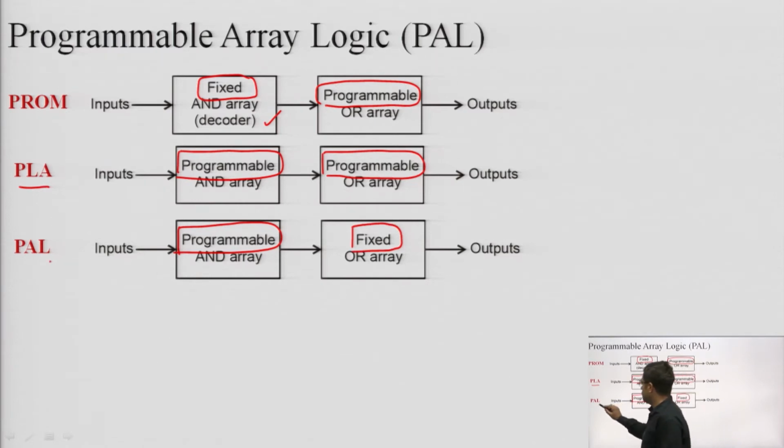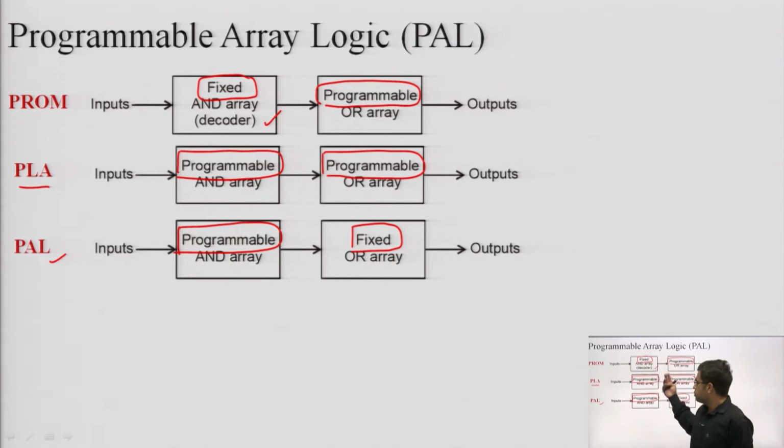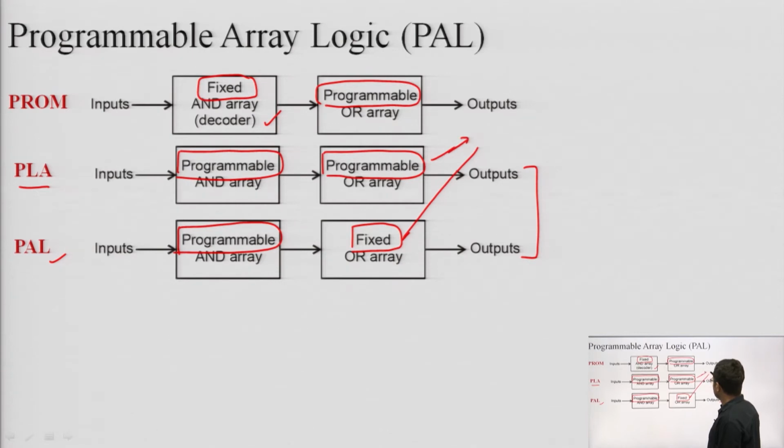This becomes the third programmable logic device, that is PAL. The previous two we have already covered; now this is PAL. The only difference between PLA and PAL is programmable versus fixed.